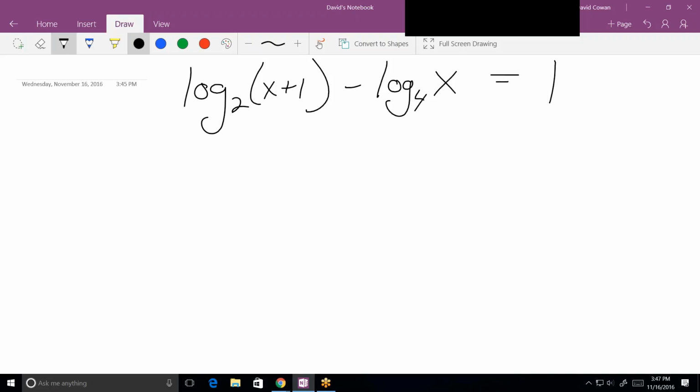What happens if x equals 1? What's the log base 2 of 2? Just 1. Okay. What's the log of 1, base 4?